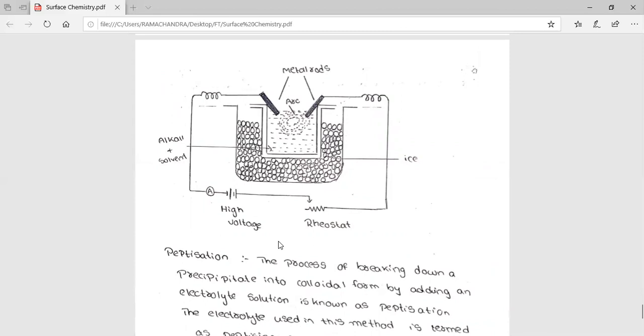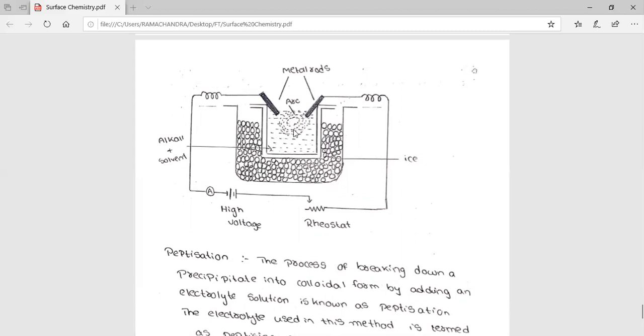We see here we are using a high voltage current, and by this we prepare the lyophilic colloidal sol. This is alkali plus salt, and these are metal rods.